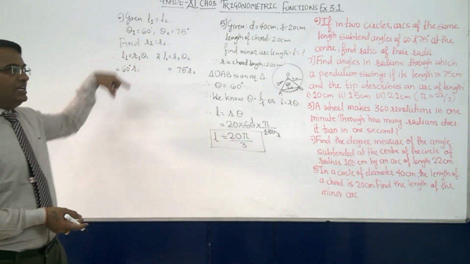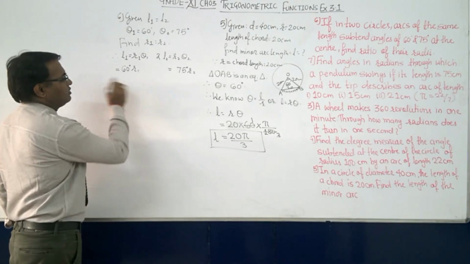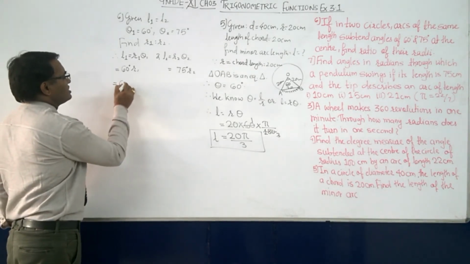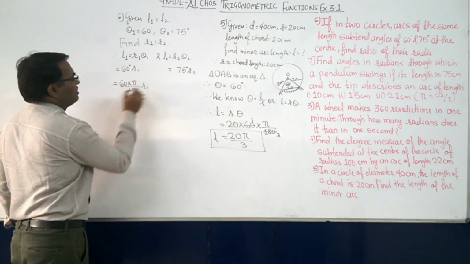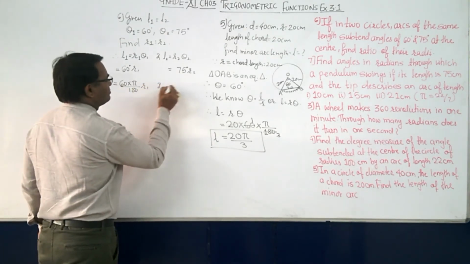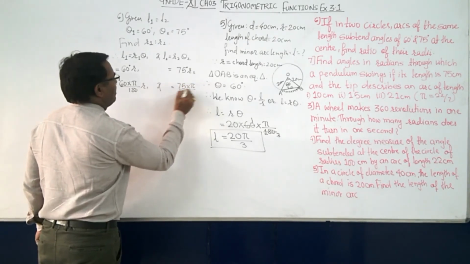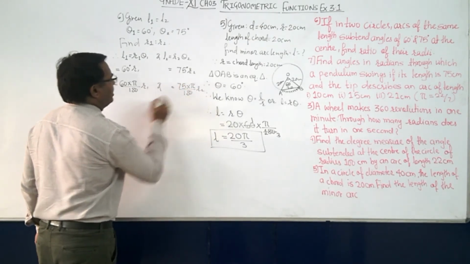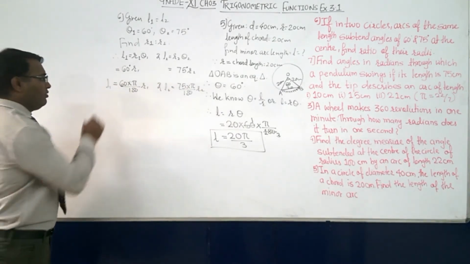Directly also we can go ahead with this, but still this theta should be in radians, so we need to convert it into radians. So this will be 60 pi upon 180 into R1, and this is equal to 75 pi upon 180 into R2. But we know that L1 and L2 are the same.